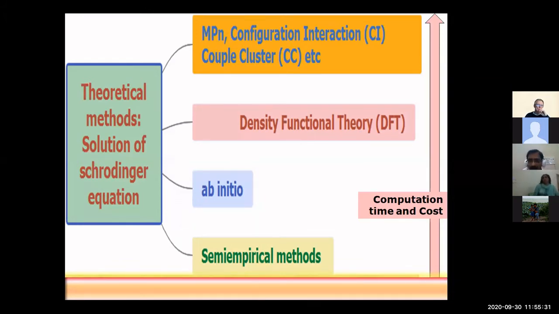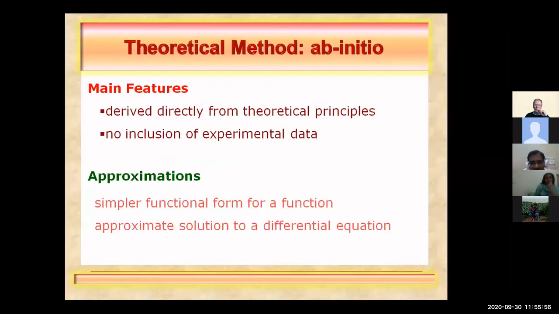Then we have density functional theory and modified ab initio methods like MPn, Moller-Plesset perturbation calculation, configuration interaction, and coupled cluster calculations. Beyond that, we also have semi-empirical methods, and then finally, beyond quantum mechanical calculation, we have molecular mechanics calculation. These are the broad methods which appear in quantum mechanical calculations. So let us talk about the ab initio method and its main features.